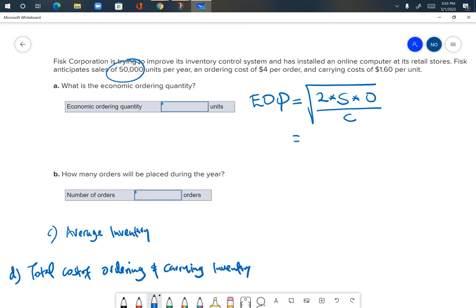And therefore, we can go ahead and substitute the information we have based on this question.